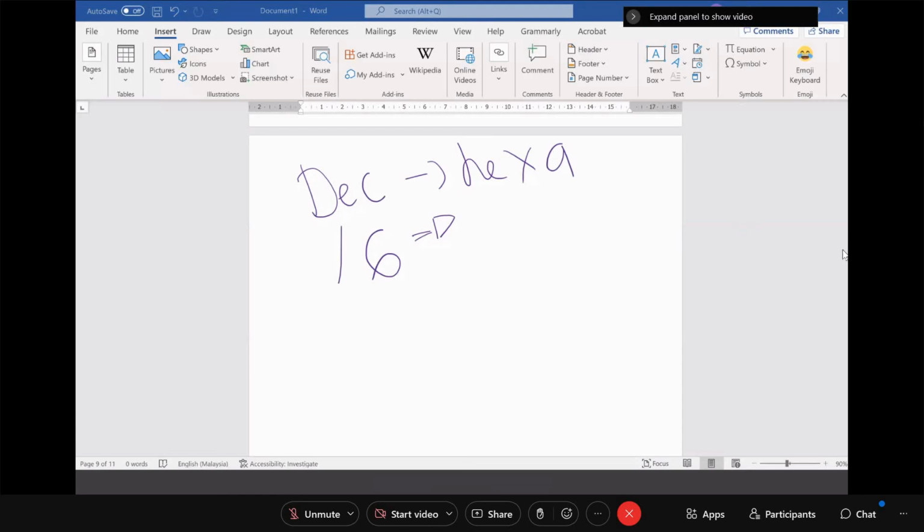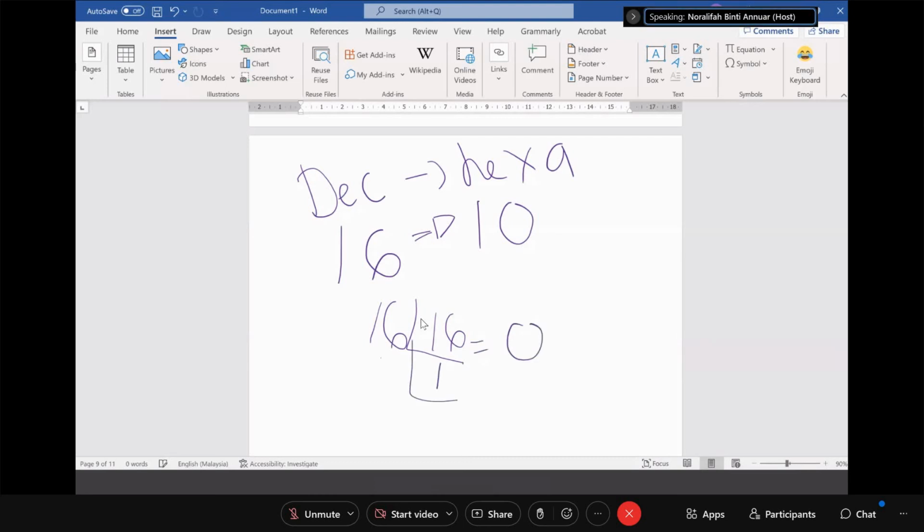Tak ada pun. 10, bukan 10 lah. So betul-betul dia is, okay, how you get this? Senang je, you divide by 16. Kecil ke besar, you divide. Sama je cara macam yang kita buat binary tadi. So the value 16 divide by 16, 1 times 16 ada kosong kan?